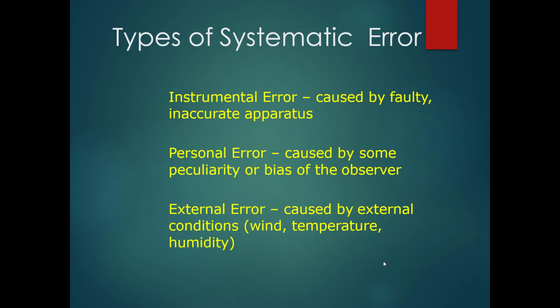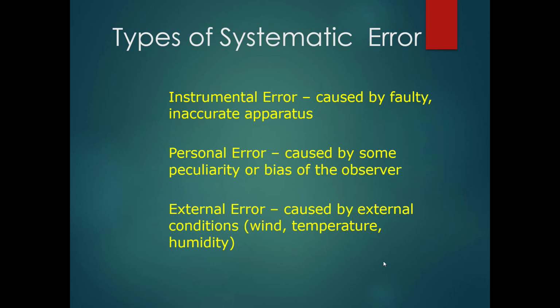Now, types of systematic error. It can be classified into a few types. Instrumental error is caused by faulty, inaccurate apparatus. There might be some offset in the measuring device, so it may show some fixed error. Let us assume that you go to a weighing machine, and the weighing machine every time represents 2 kg greater than your actual weight.